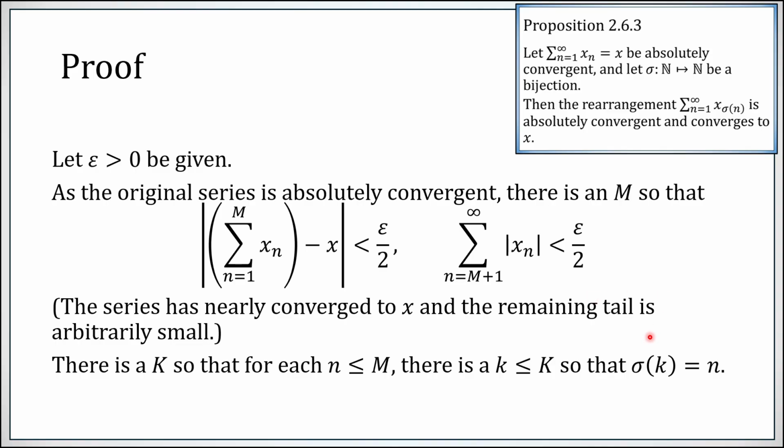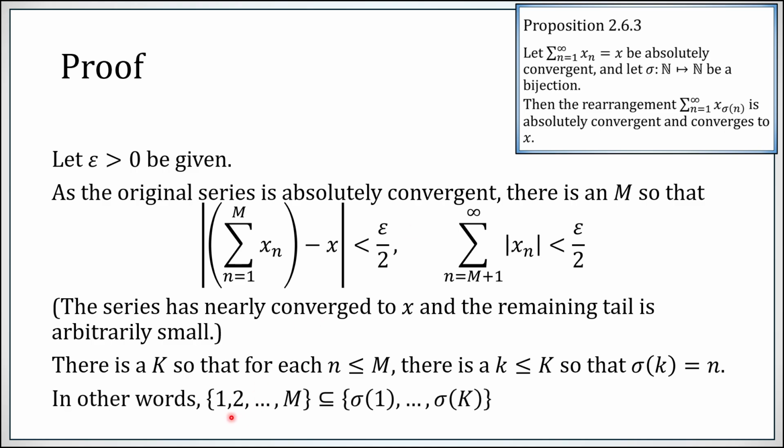If you list out sigma of 1, 2, 3, 4, 5, you get a bunch of natural numbers. Eventually you see everything up to and including m. That cap on how far you have to go to see 1 through m in the range of sigma is capital K. So for each n up to m, there was a k that spit it out.